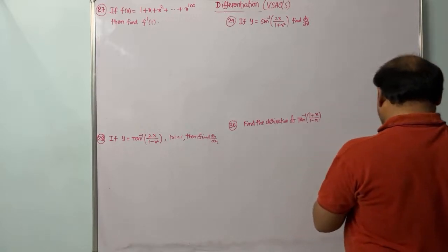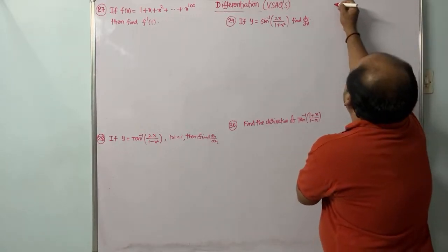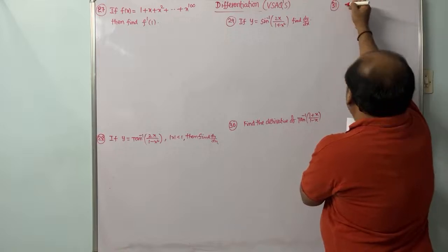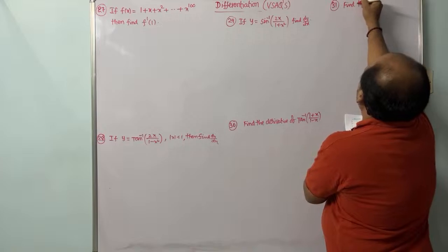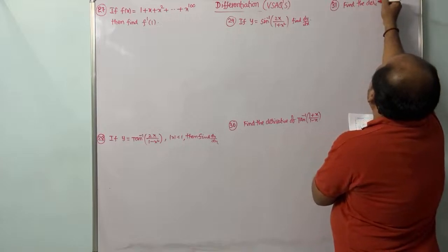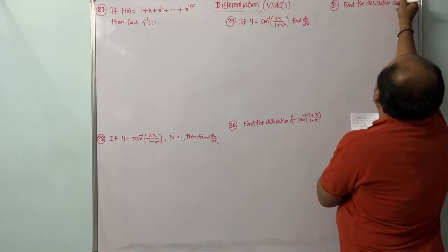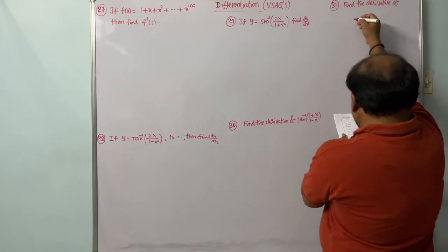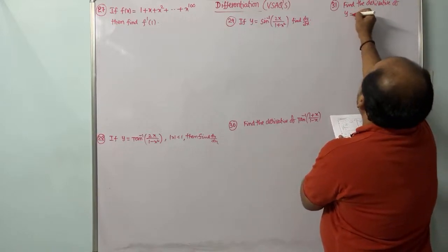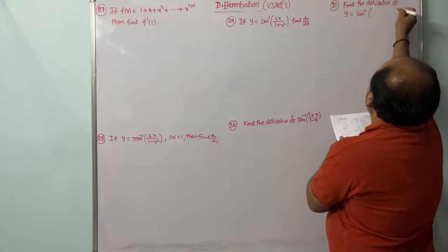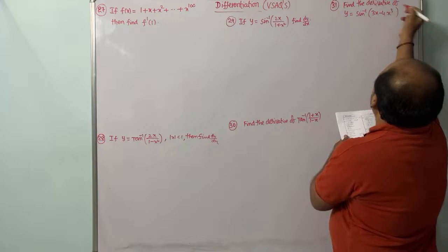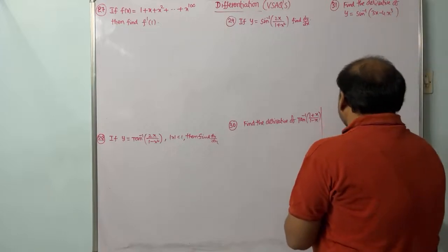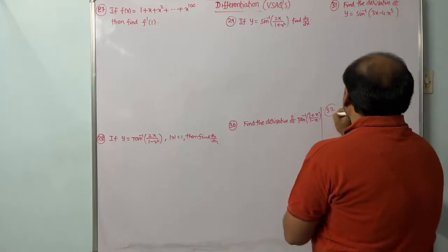Next, question number 31. Find the derivative of y is equal to sine inverse of 3x minus 4x cube. Next, question number 32.